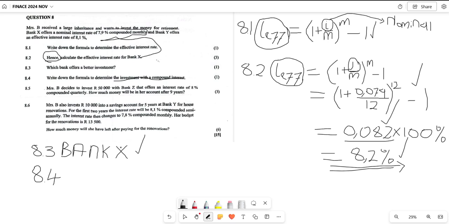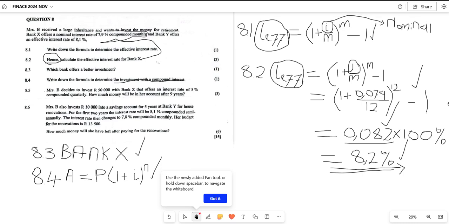From the formula sheet, the formula says A is equal to P in bracket 1 plus i, close bracket, all to the power of n. 1 mark given for Mahala there.